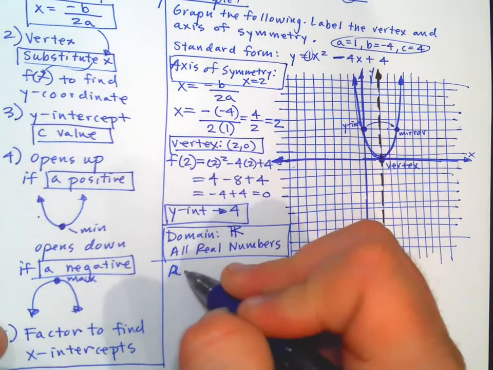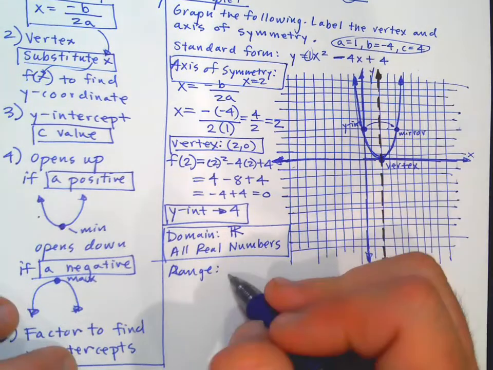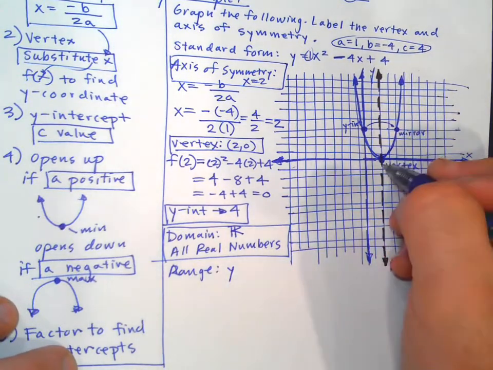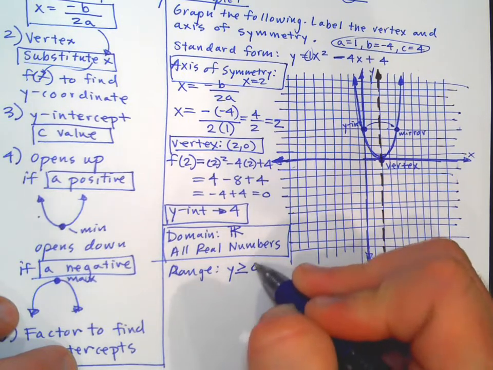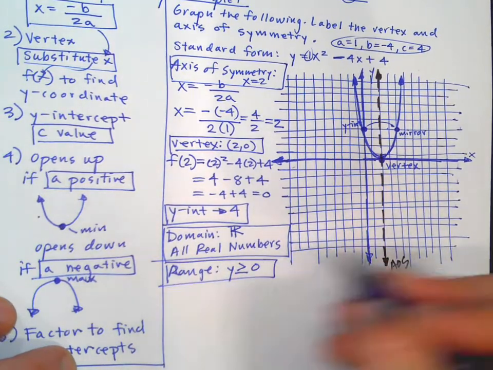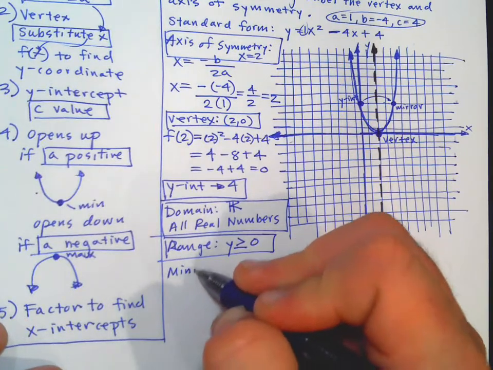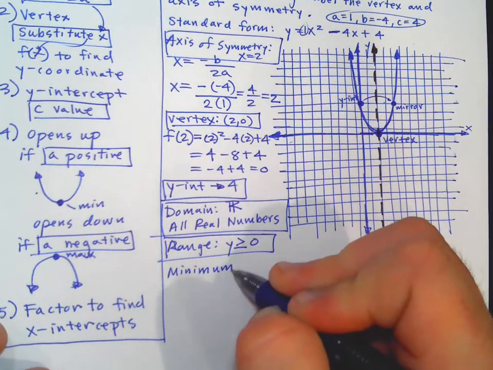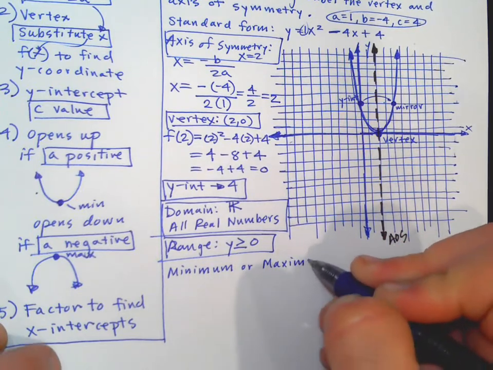The range is the y values. Now, the range is usually not real numbers. If you look here, the y values start at 0 and they go up. So y is greater than or equal to 0. That's your range. And then we have the minimum or maximum. Is it a minimum or is it a maximum?